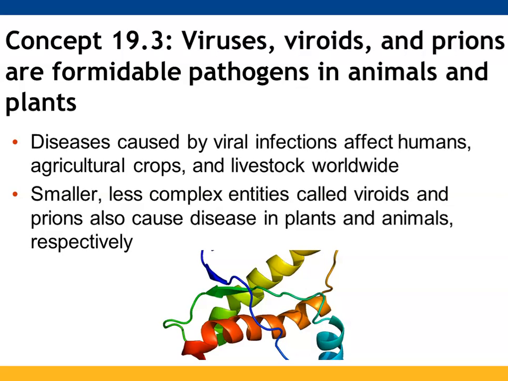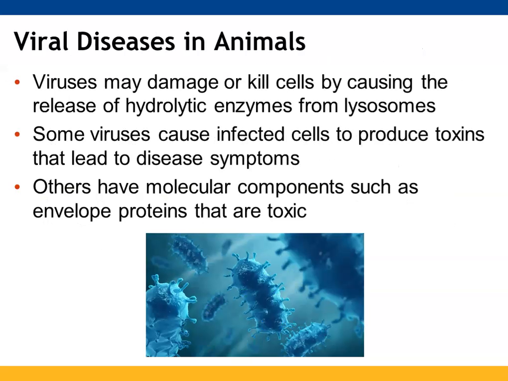So viral infections can, as we are well aware, affect humans, agriculture, crops, and livestock. But viroids and prions can also cause some disease in plants and animals. Viroids for the plants, prions for the animals.